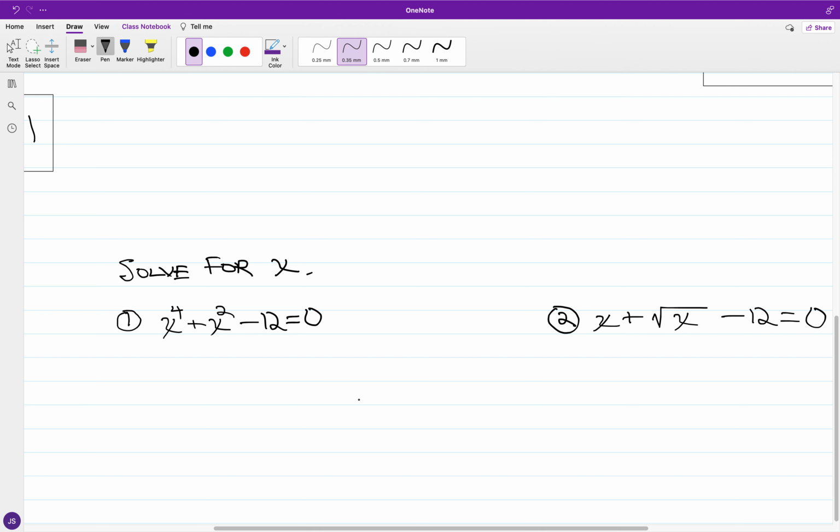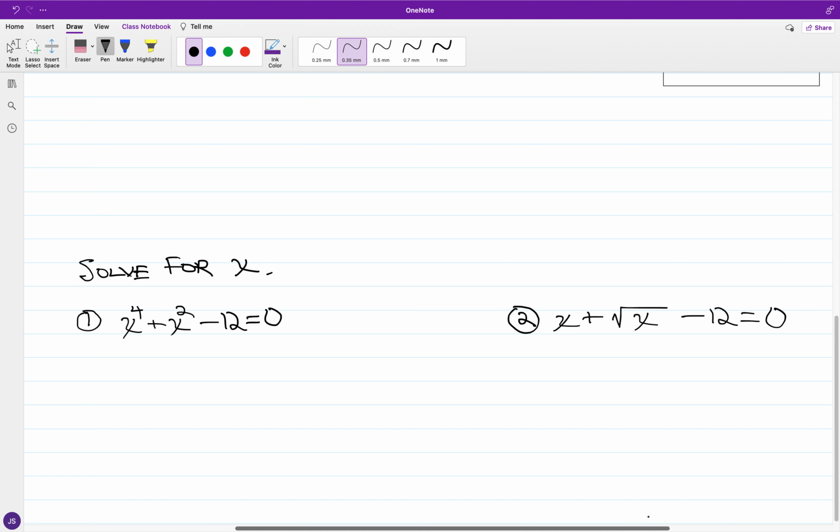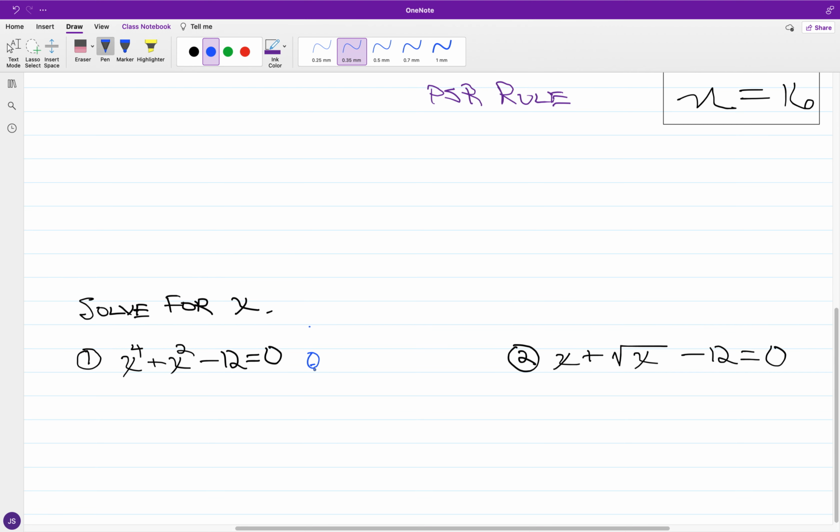Just with these equations, they are quadratic in form. Now again, in the first case, between the variable terms, the higher degree rests at fourth order, and the second degree is the lower order term. So we have a 4 to 2 or 2 to 1 ratio. So this equation is going to be quadratic in x squared.